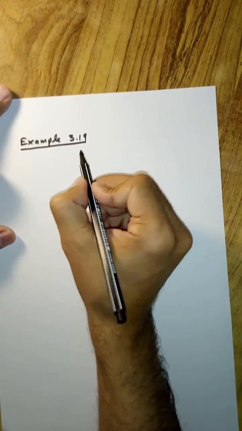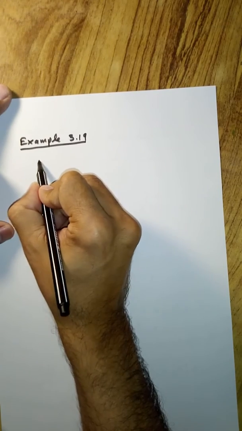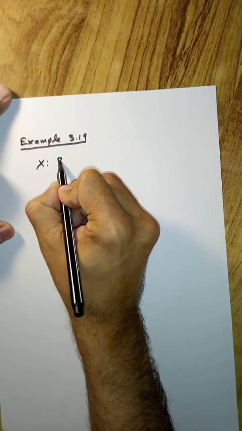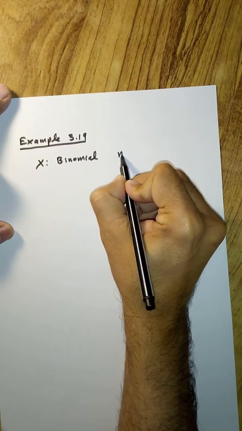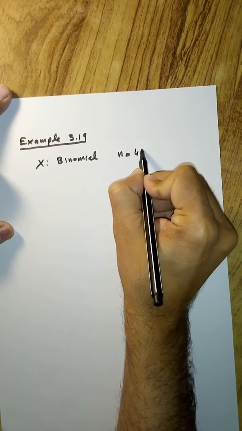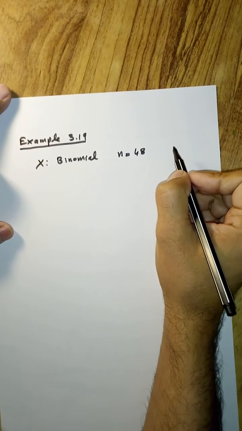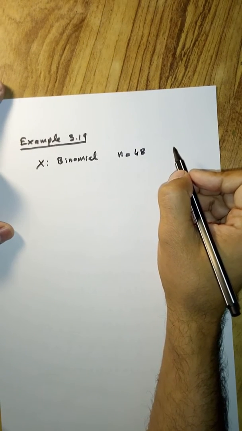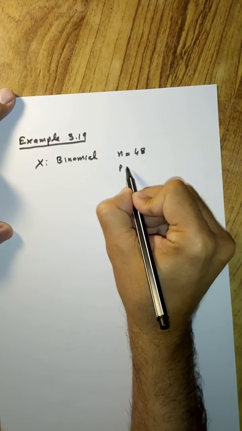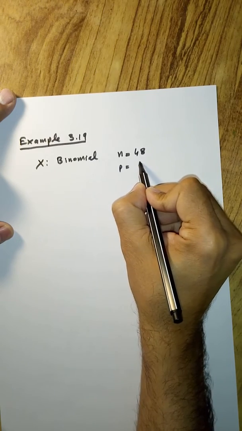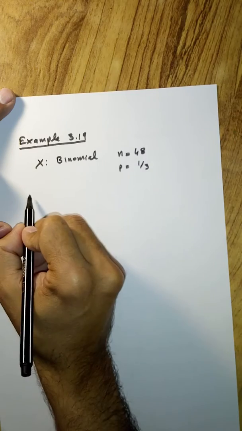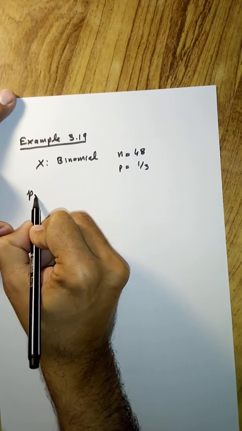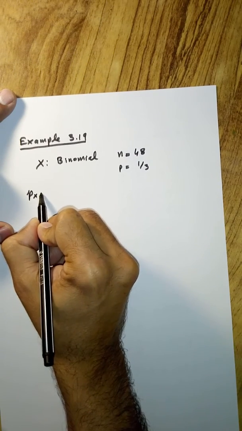Here x is a binomial random variable with n equal to 48. So there are 48 independent speakers, and the probability of each one speaking is 1 by 3, so p is 1 by 3. If this information is given, we can find the PMF, the probability mass function of x, right?